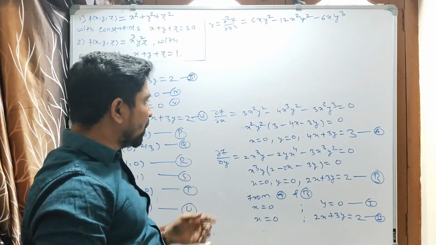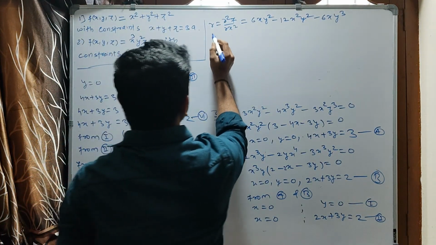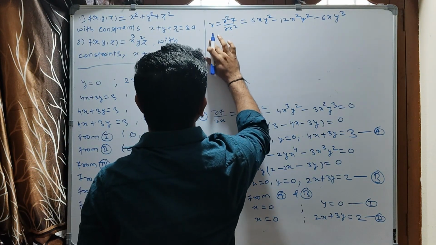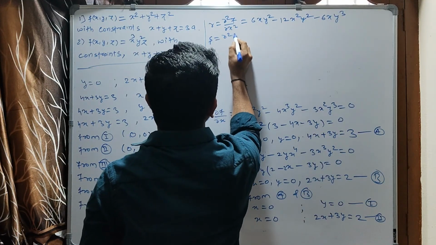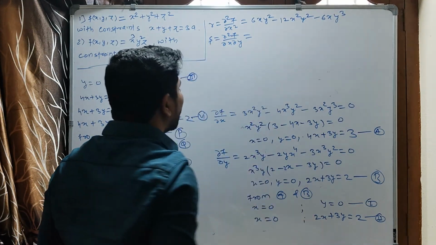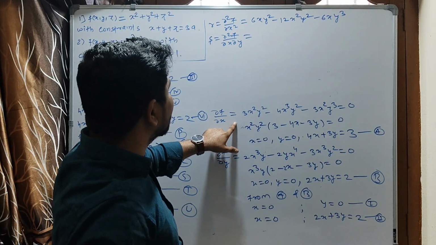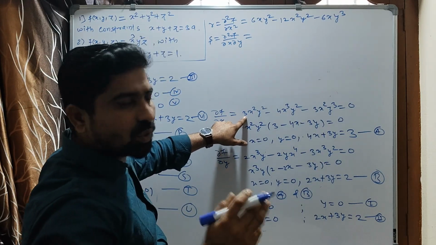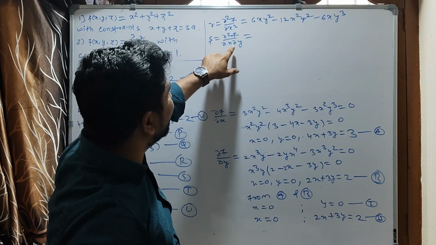In the same way, I want to find del 2 f by del y square. But first I will find s. s equals del 2 f by del x del y. This is my del f by del x, and I want to find the partial derivative of this function with respect to y. This becomes del 2 f by del x del y.